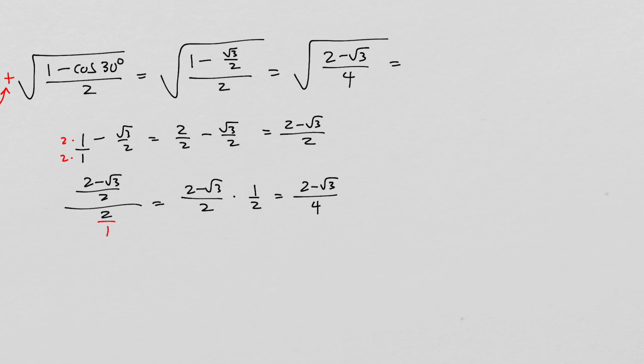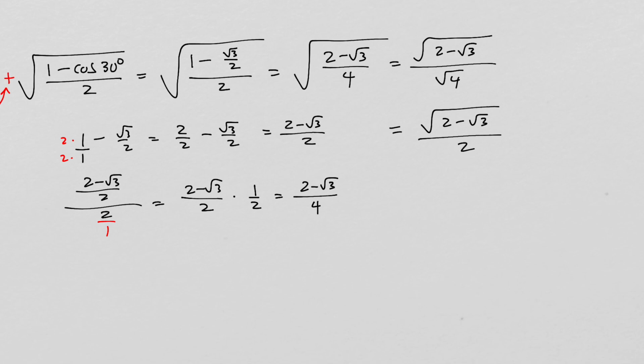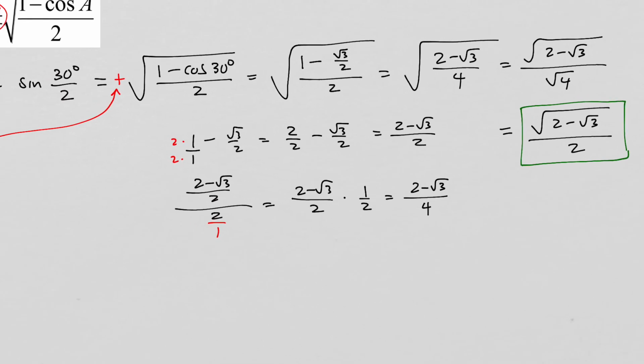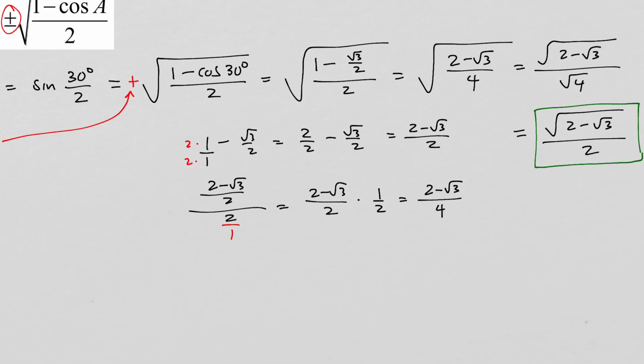And if you then take the square root of the top and the square root of the bottom, you can rewrite this as the square root of (2 minus radical 3) all over 2. So this is the exact value of the sine of 15 degrees.